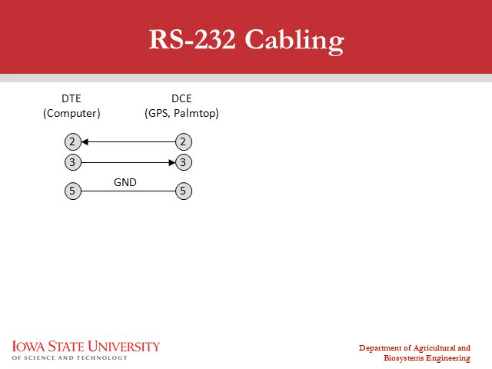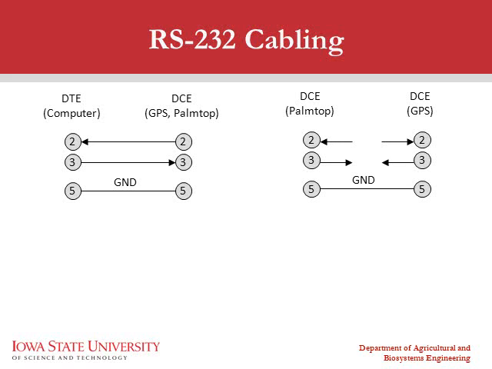So the pinouts are actually reversed in these two applications. If we don't correctly wire it, and we try to connect the transmit of one to the transmit of the other, we get data that's trying to pass on the same line, and we have no data that's able to get into our precision ag display.